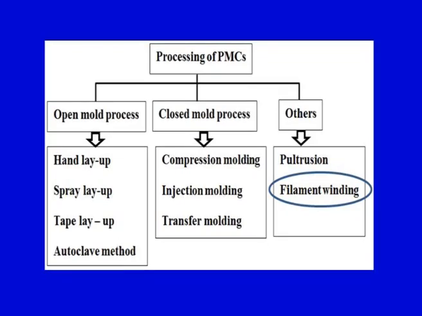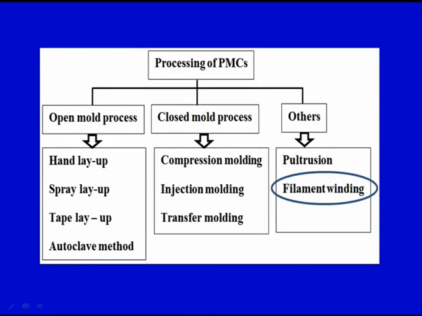Now, this diagram I am referring to again and again in each and every lecture, because it is relevant to the classification of the processes which are used for making polymeric matrix composites. So, in processing of polymeric matrix composites, we have three different types of processes: the open mold processes, the closed mold processes and the others.